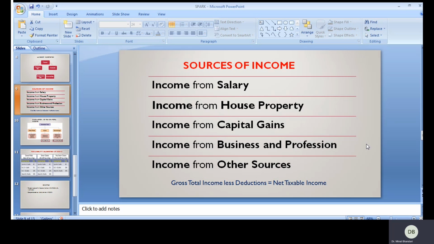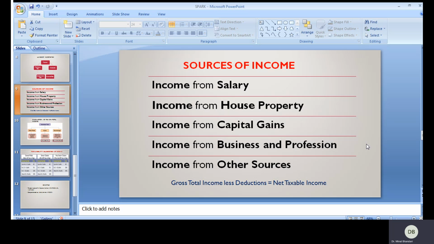Such income is treated as income from other sources. Or if any teacher is receiving remuneration for checking or correcting answer sheets, then whatever remuneration is received also falls under income from other sources.